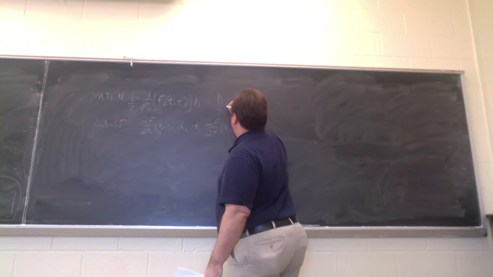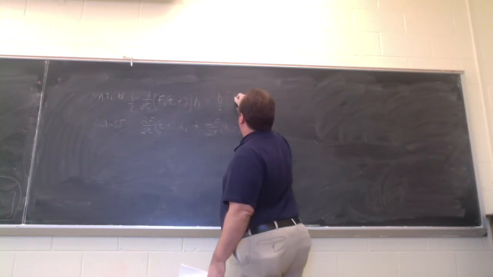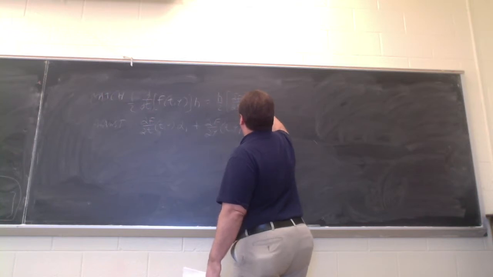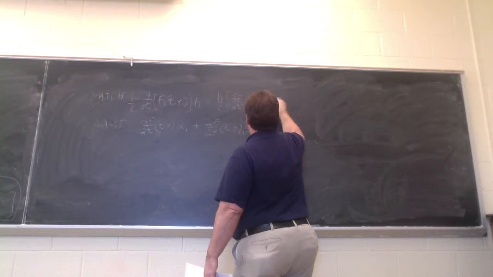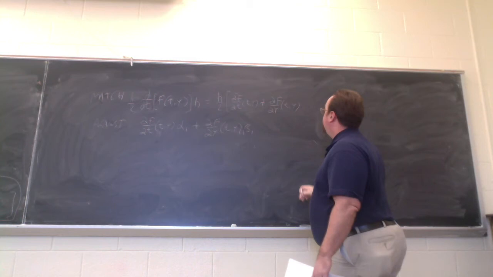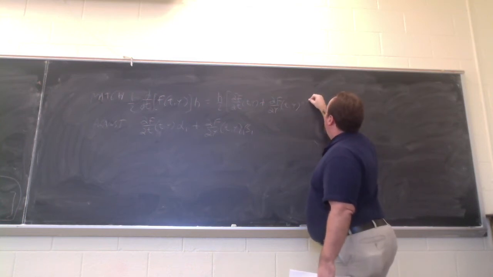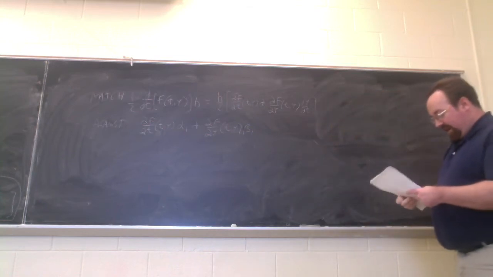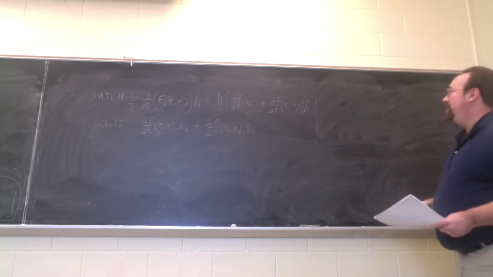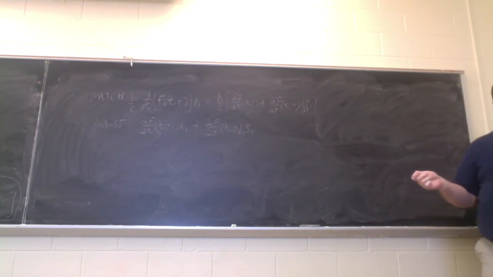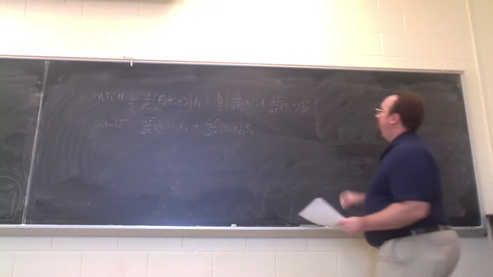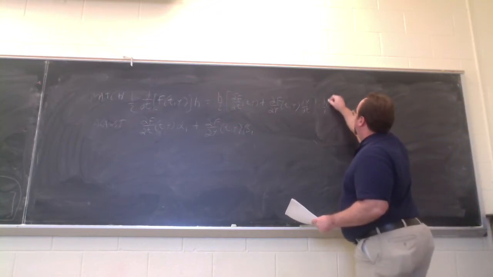I will have h over 2, and this is going to be partial of f with respect to t plus partial of f with respect to y times dy/dt by the chain rule. But what is dy/dt? Y prime, which is f. Okay, so I can fill that in.